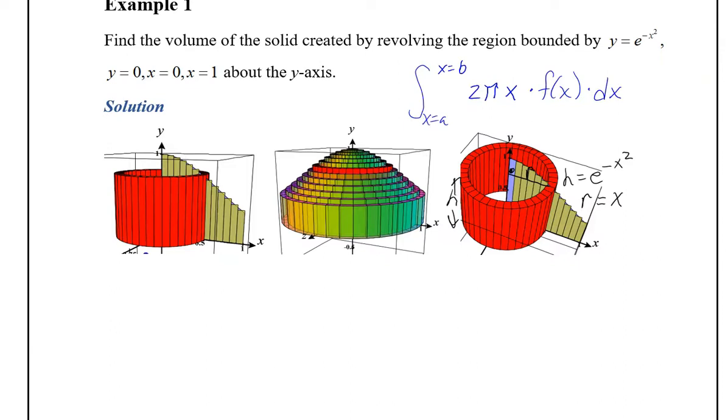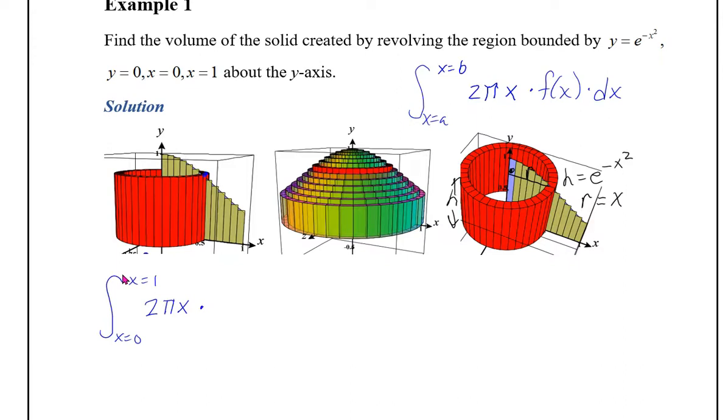Let's set up our integral now. We have the integral from x equals 0 until x equals 1 given by the restrictions of our region. Our radius is x, so that the length of our strip becomes 2 pi x. The height of the strip is given by the height of the shell, which is given by the y value right there on the curve.